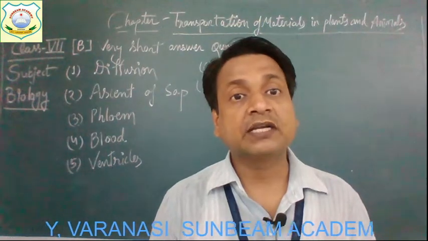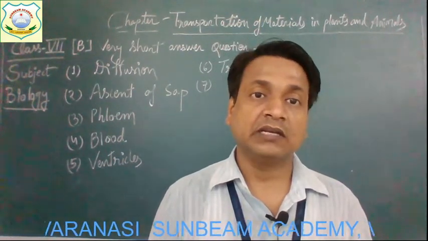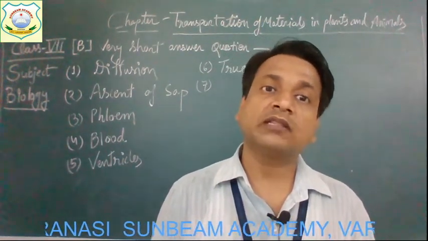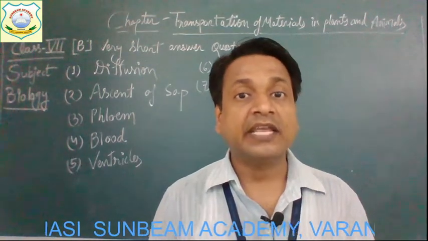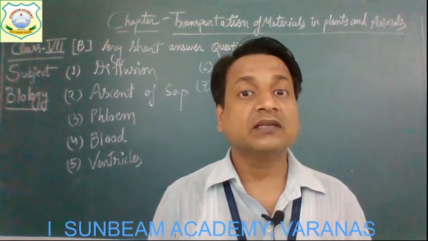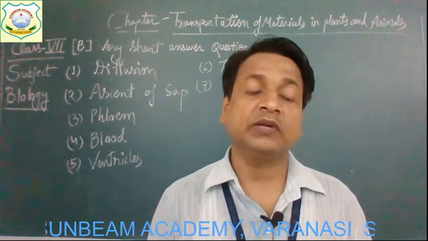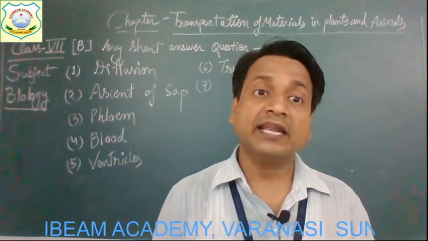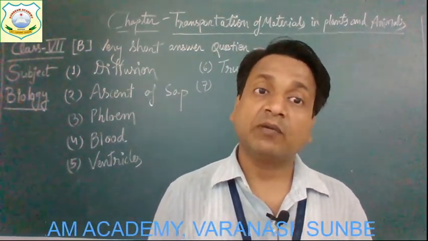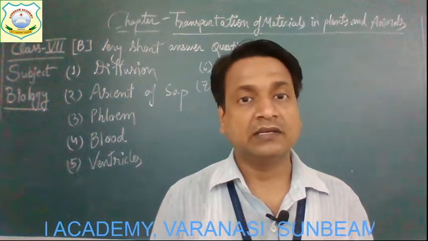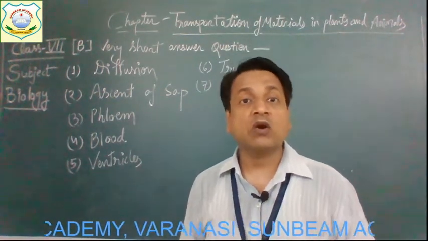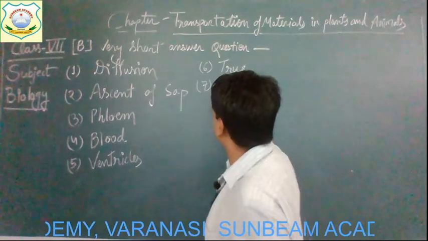That protein gets combined with oxygen and carries it to all parts of the body, and the name of that protein is hemoglobin, and it is red in color. That is why our blood looks red. So the name of the protein that carries oxygen is hemoglobin.